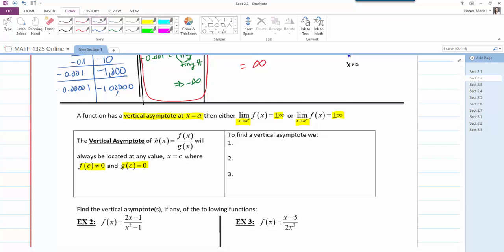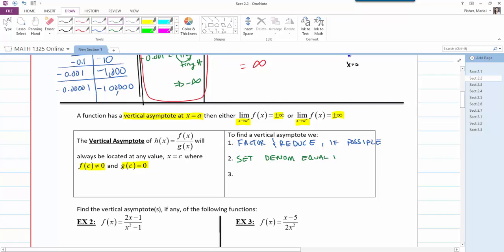Well, there's 3 steps. The first thing we want to do is try to factor and reduce our given rational function, if possible. After we factor and reduce, we're going to set the denominator equal to 0 and solve for x.